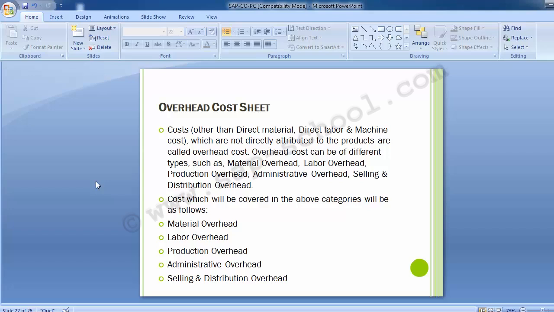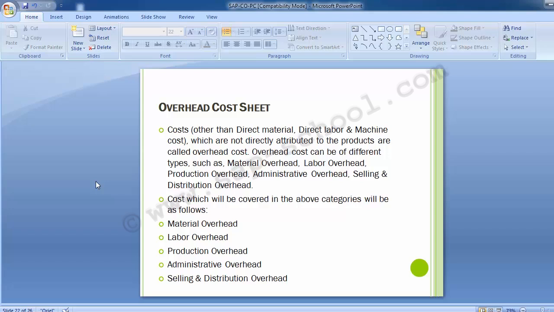Overhead cost can be of different types such as material overhead, labor overhead, production overhead, administrative overhead, or selling and distribution overhead. The costs covered in the above categories of overheads will be as follows.